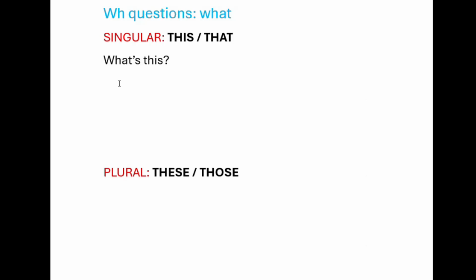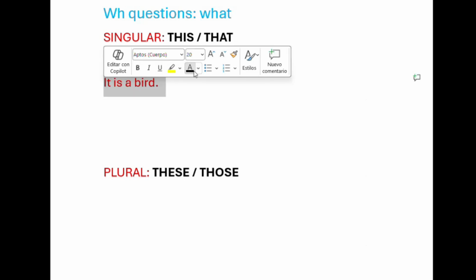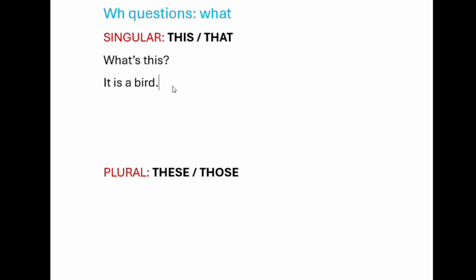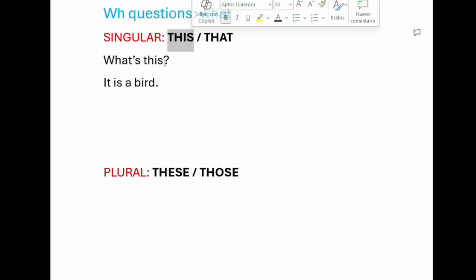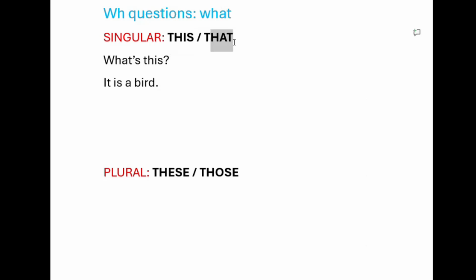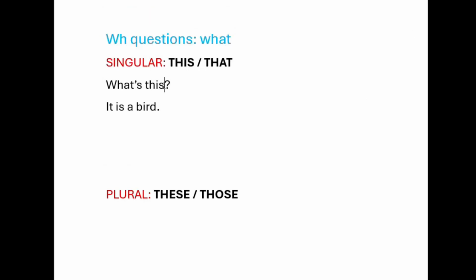And the person or the people can answer, or you can answer the question, but you need to respect answering like this. It is a bird. I'm using my imagination, right? It is a bird. The bird is close to you. In this case, we are using this. And you can use that if the bird is far away, right?